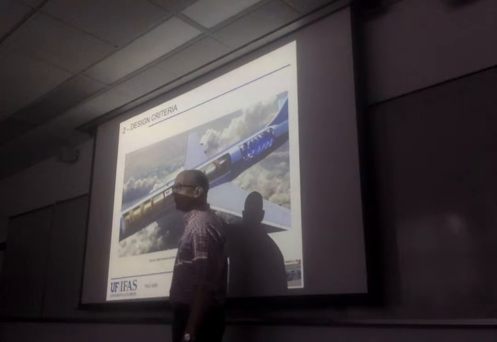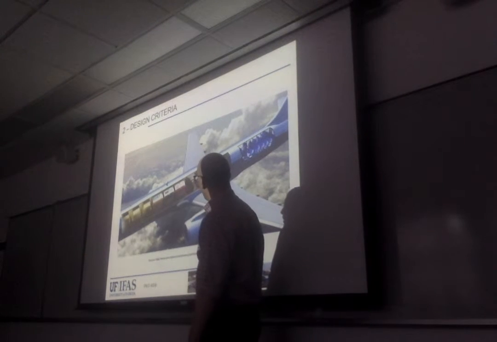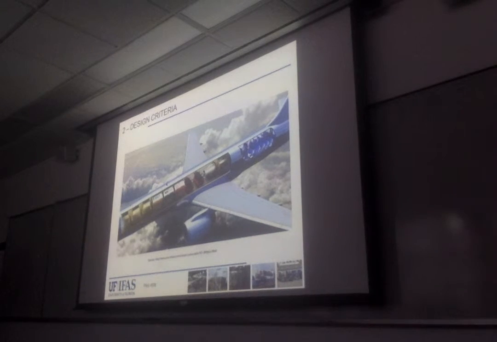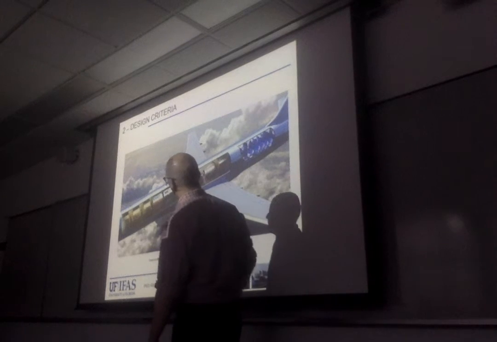Part of the upper deck will be cargo, and part of the upper deck will also be passenger. I don't think I ever flew in one of these. I flew in a cargo plane, but not in there. So that's what a Combi plane is. A full cargo plane will be cargo all the way everywhere on the top as well.